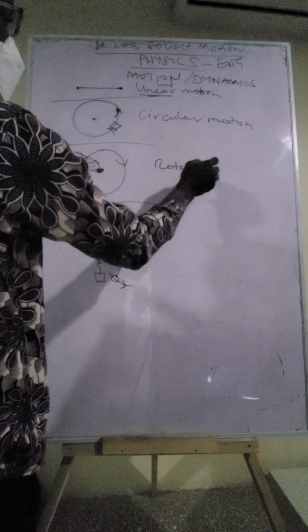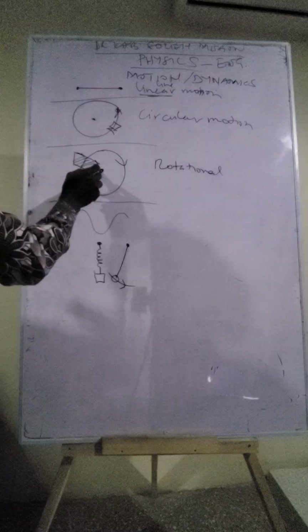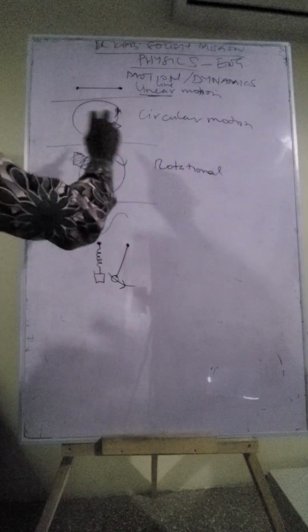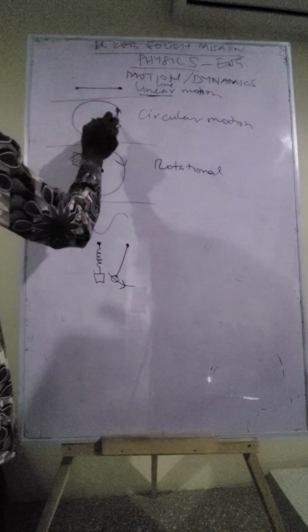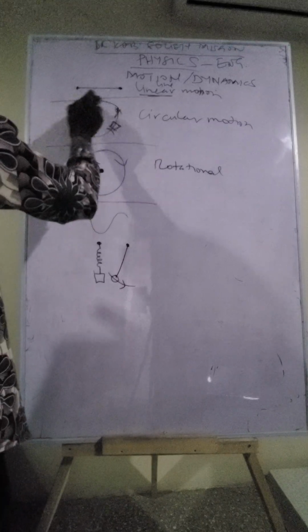Now this is rotational. So the whole body is continuous to the fixed point, and it is moving. It's rotating. Okay, but the body is in the circle. There's a circle, it's in the circle, and it's going on.